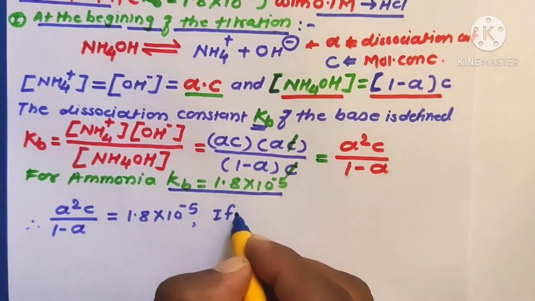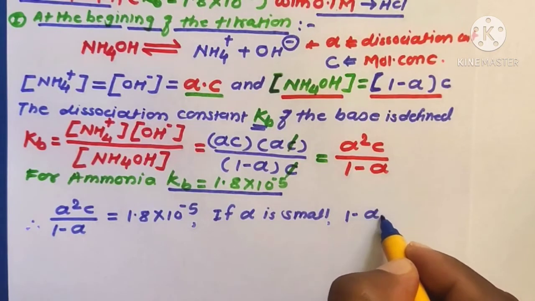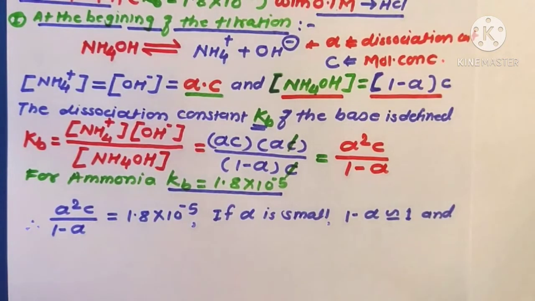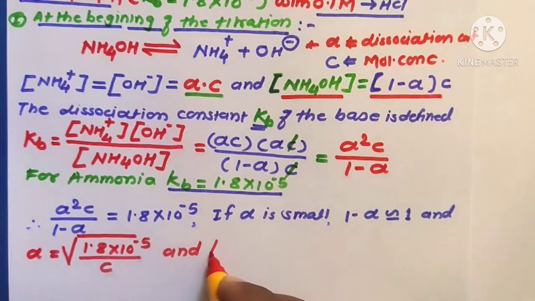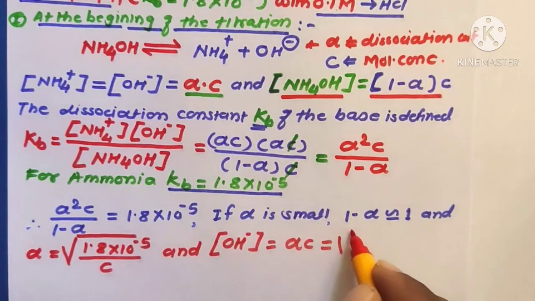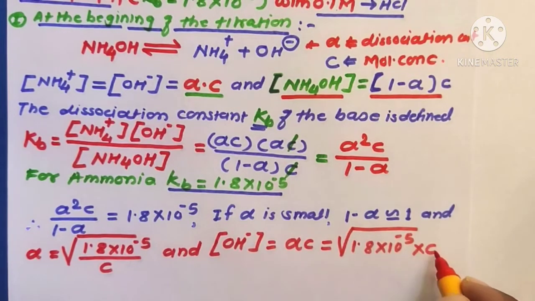If alpha is small, then 1 minus alpha will be equal to 1, and the equation becomes alpha is equal to under root 1.8 into 10 raised to minus 5 divided by the concentration C. The concentration of OH minus ions will be equal to alpha into C, that is equal to under root 1.8 into 10 raised to minus 5 into C.